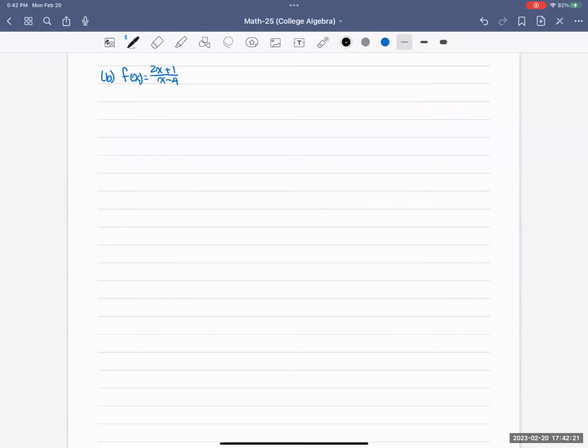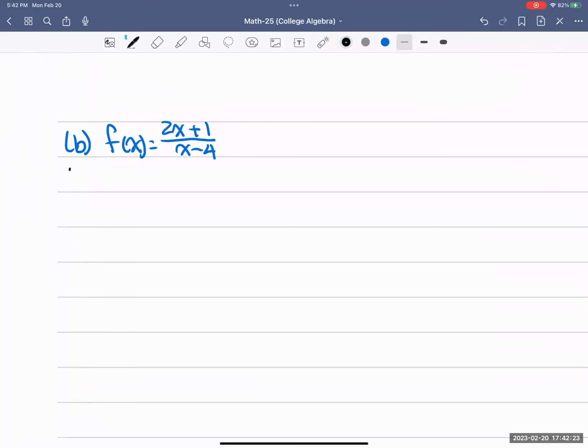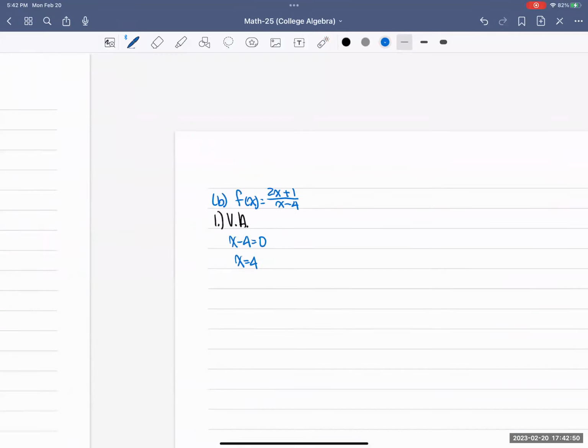So we're starting off with finding our vertical asymptote. So the vertical asymptote happens where our function is undefined. So we're going to set our denominator equal to 0. So our function is undefined when the denominator is equal to 0. So plus 4. Actually, I'm trying to save space here. So we have x equals 4 as our vertical asymptote.